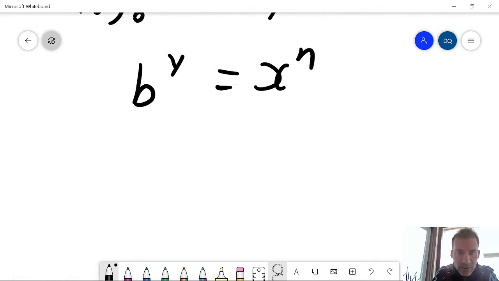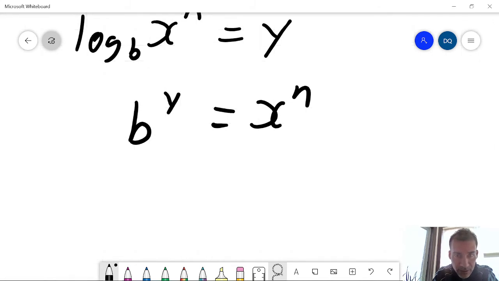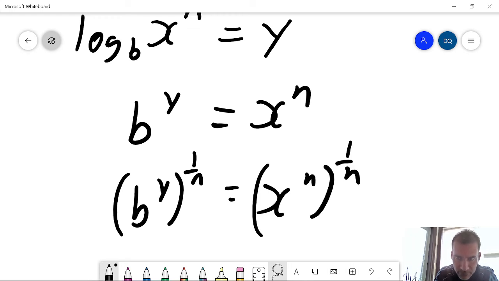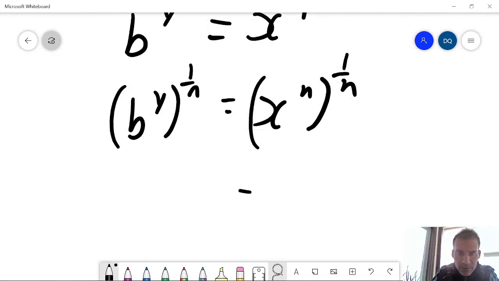Okay, knowing this to be true, I can then take some further steps here, and my goal right now is to get x by itself. The reason why I want to do that, you'll see when I convert it back into log form. If I'm raising x to the exponent n, I can raise both sides of this to the exponent 1 over n. So on the right, I have x to the n over n.